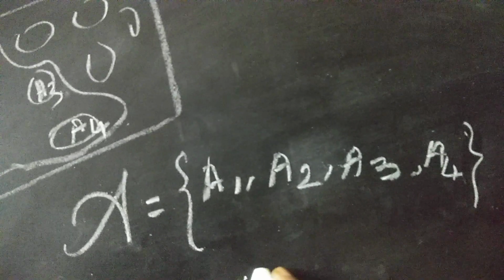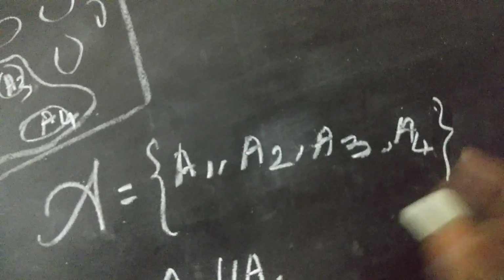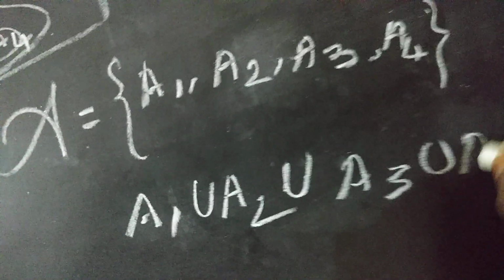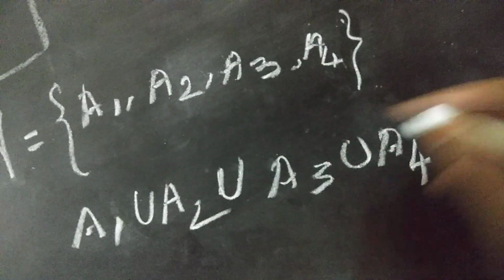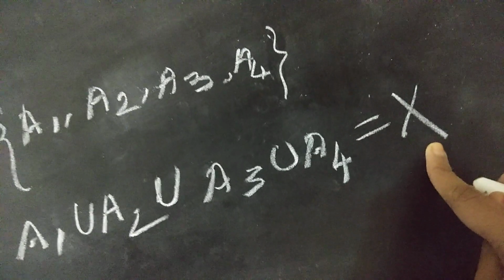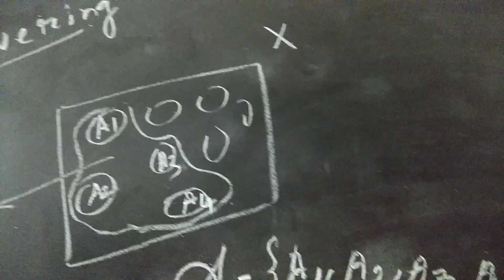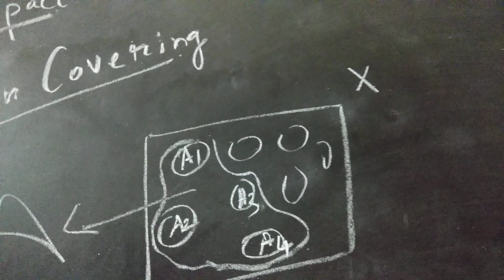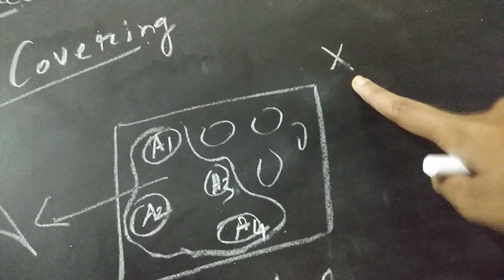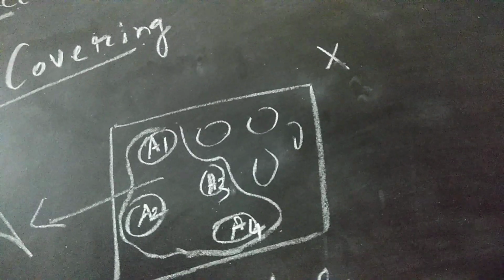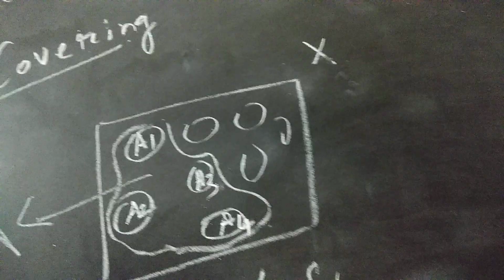Likewise, if we find the union of these subsets, what we get should be equal to our topological space X. If this condition is satisfied, then you can say this script A is an open covering of our topological space capital X. Is that clear? I hope you did not get any confusion in what I have said here.